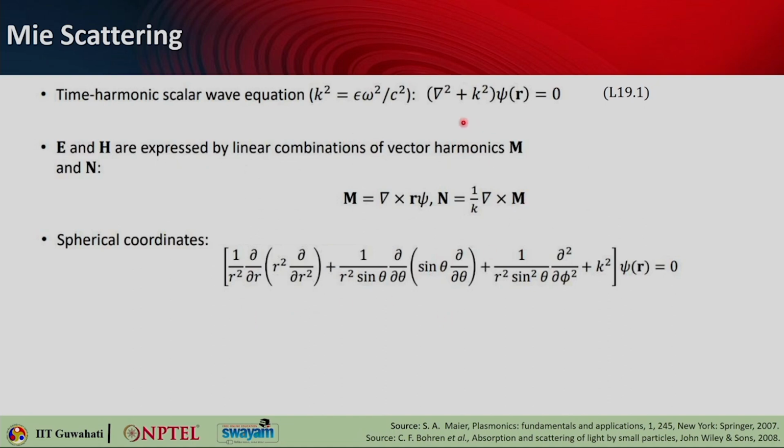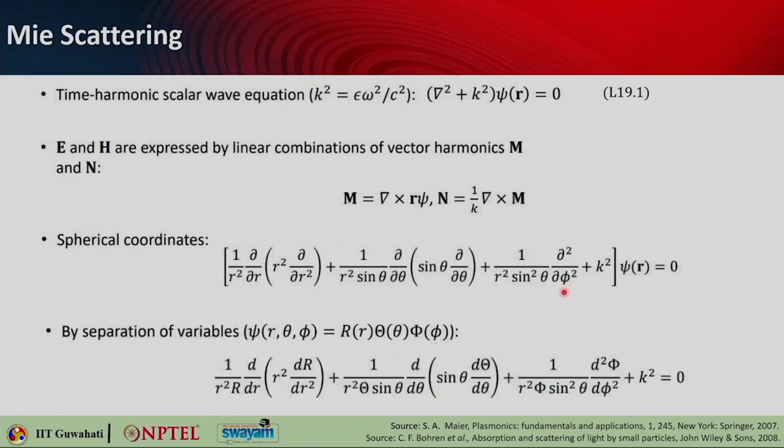If you use this equation for spherical coordinates, or a particle with spherical symmetry like a sphere or nanosphere, you can write it in terms of spherical coordinates: r, theta and phi.